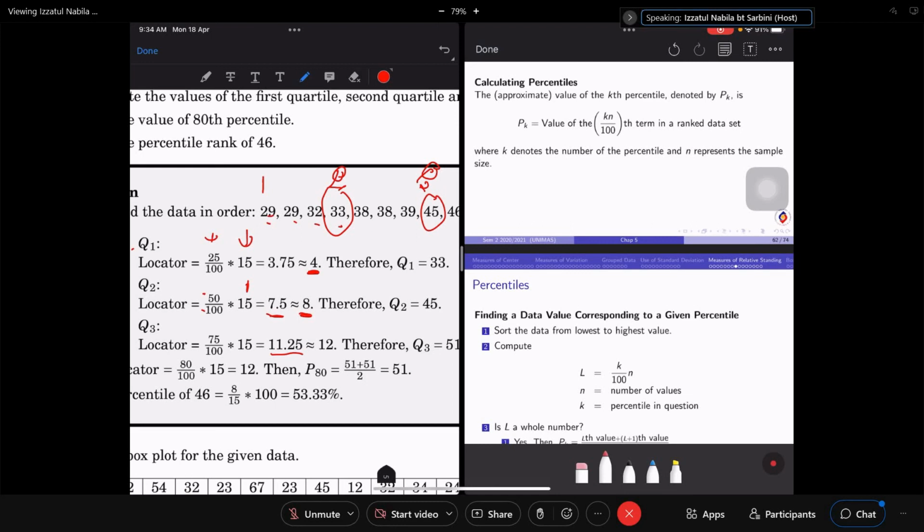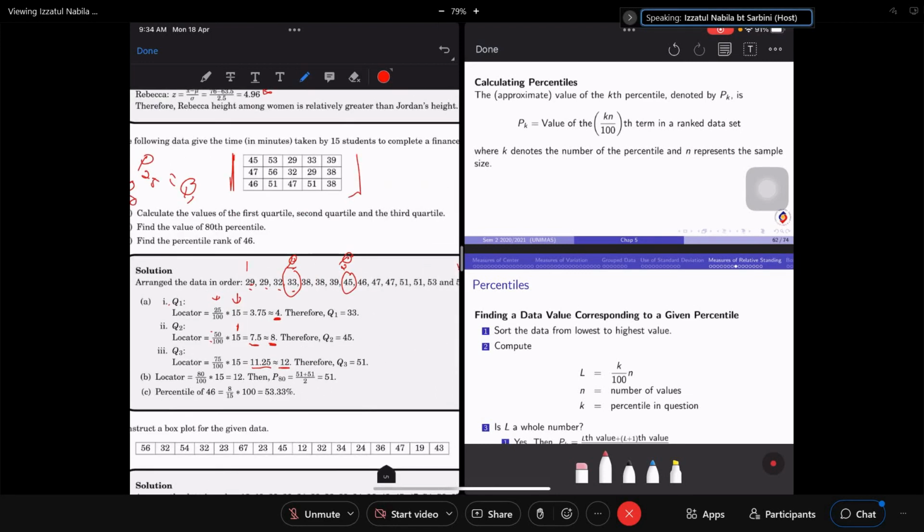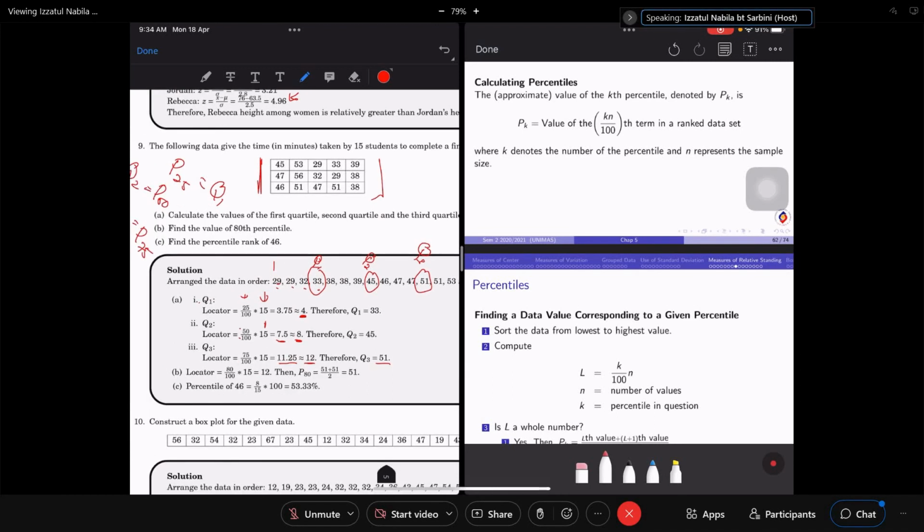So 11.25 becomes 12. Counting from 8, 9, 10, 11, 12, our third quartile is equal to 51. That is question A.